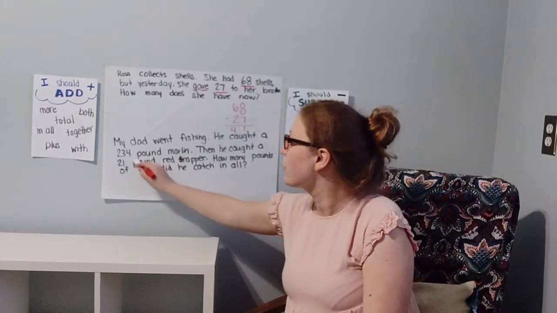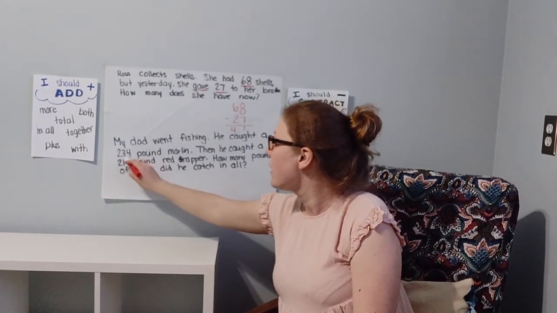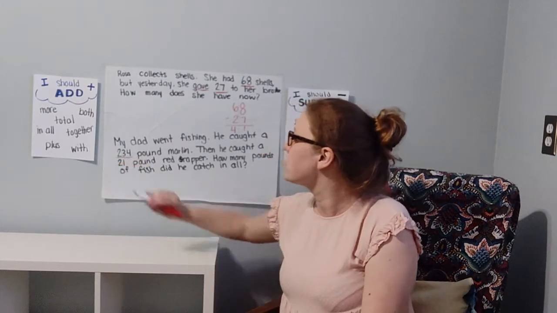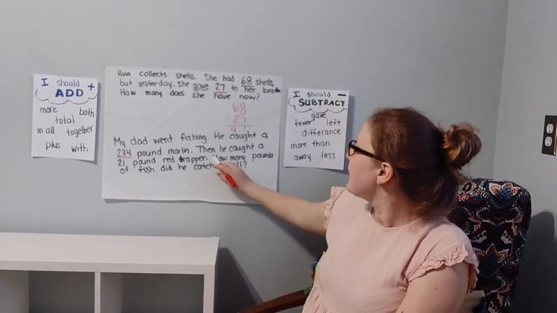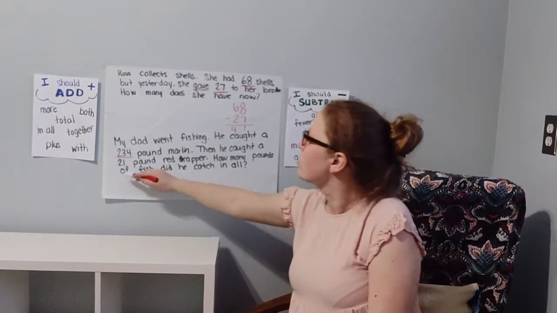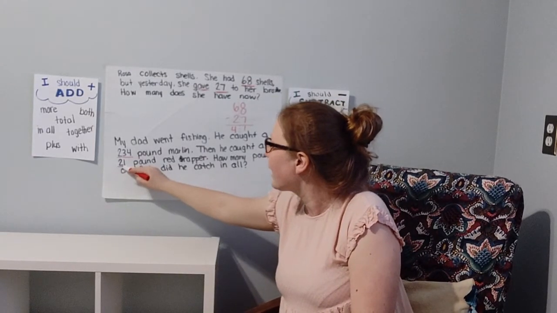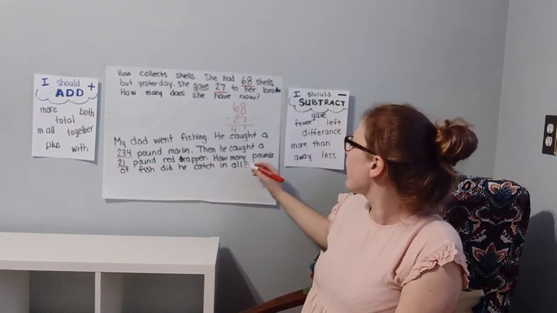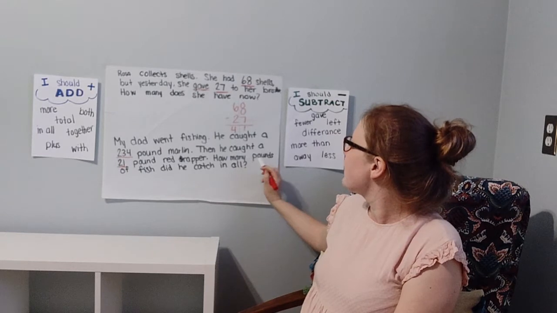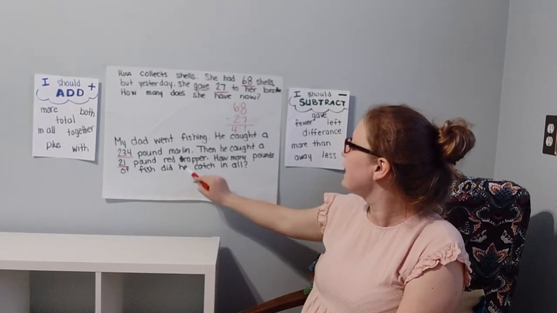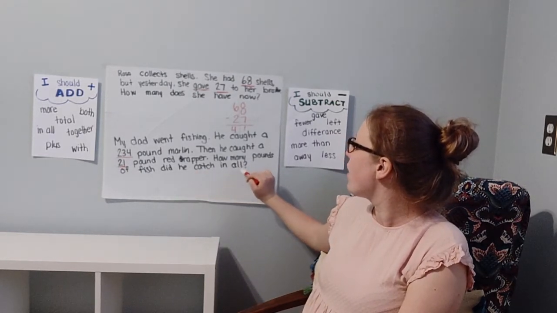We have some important information here. A really big number, 234. Then he caught a 21-pound red snapper. How many pounds of fish did he catch in all?